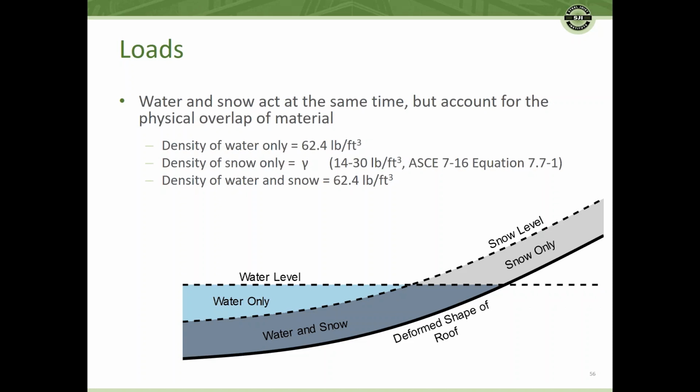And it's fine to take the density of the water and snow, the slushy combination there, the overlap, as the maximum of these two densities, the water, rather than the sum. This special accounting for the overlap adds a little bit of complication, and it isn't required, but it does help to reduce the load a little bit.